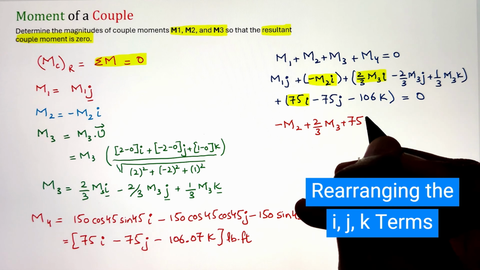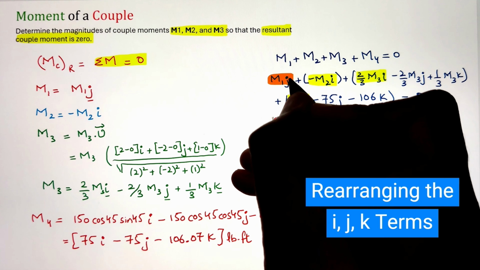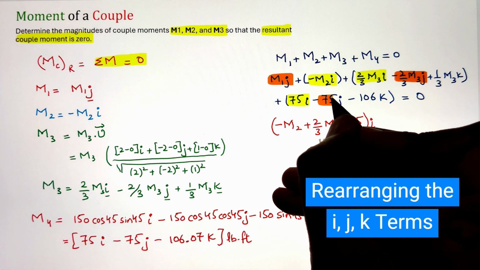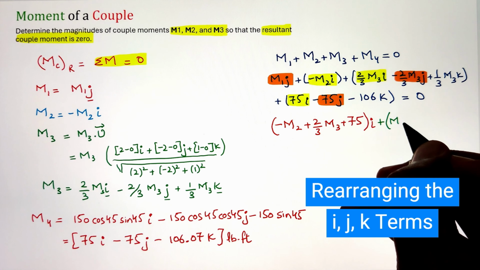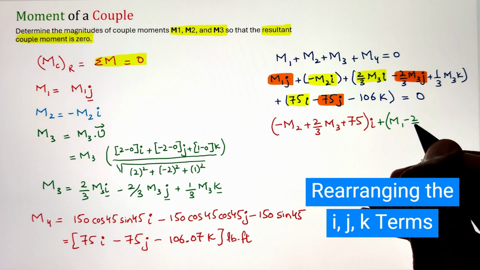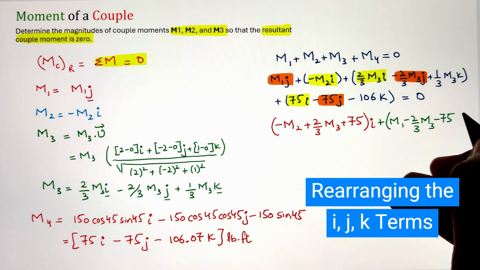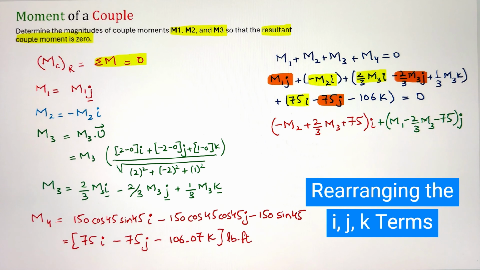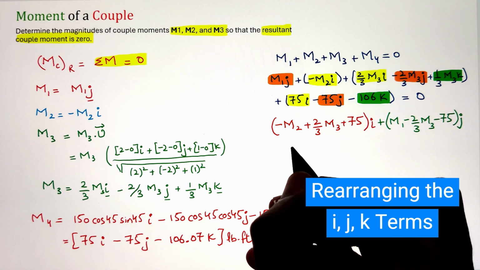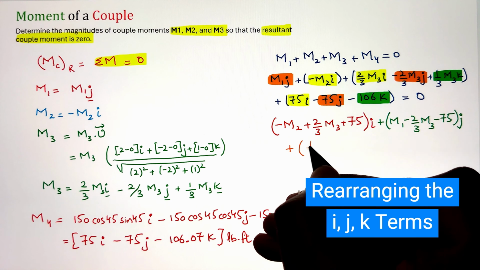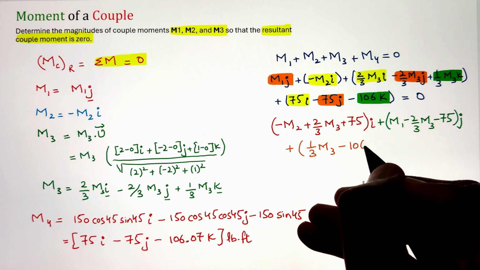Rearranging the terms, our first term is negative M2 plus 2 over 3 M3 plus 75, multiplied with i. Next, I have the j components as M1 minus 2 over 3 M3 minus 75, multiplied with j. And finally, we have the k terms, that is 1 over 3 M3 minus 106, multiplied with k, equal to 0.